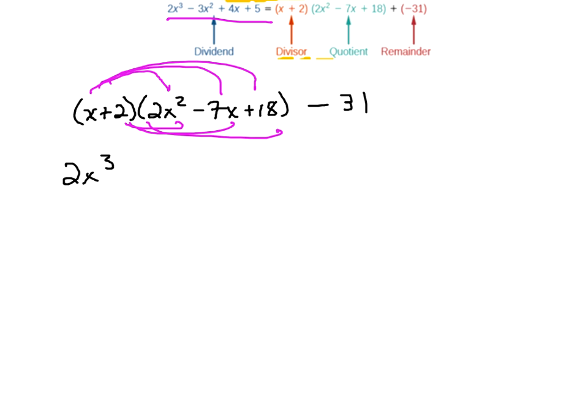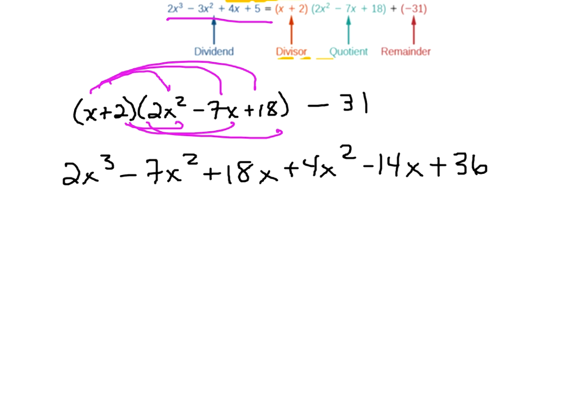So x times 2x squared is 2x cubed. x times negative 7x is negative 7x squared. x times 18 is positive 18x. 2 times 2x squared is positive 4x squared. 2 times negative 7x is negative 14x. And 2 times 18 is positive 36. And then I have a negative 31 to combine there.